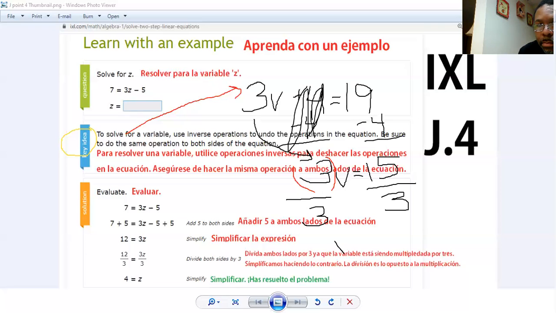So it's 1v, and since we don't need the 1, we can get rid of it.